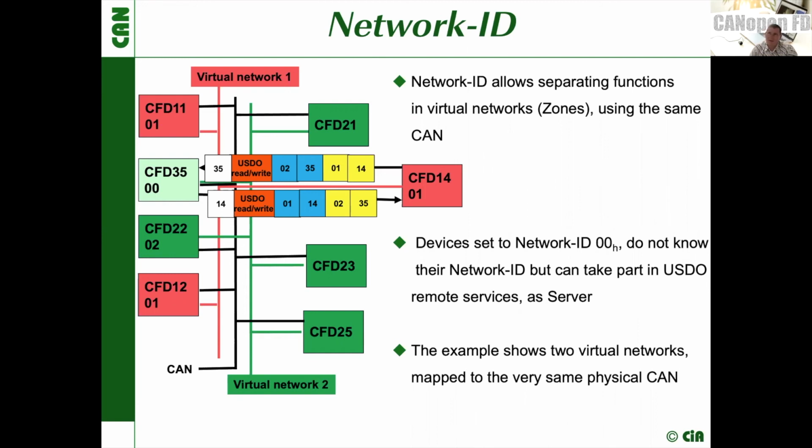Furthermore, some people had a certain fear that it might be too stressful for the system integrator to think not only about a node ID, but also about a network ID. There also exists a kind of default value, a 0 depicted here. It says this device is not aware of its own network ID. So if you request the local node ID which the device is aware of, it will answer independent of the network ID value.